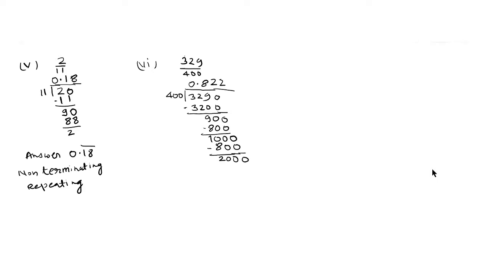Then it will be for 5 times. 400 times 5 is 2000, and our remainder is 0. So our answer is 0.8225, and this is terminating. The division is terminating.